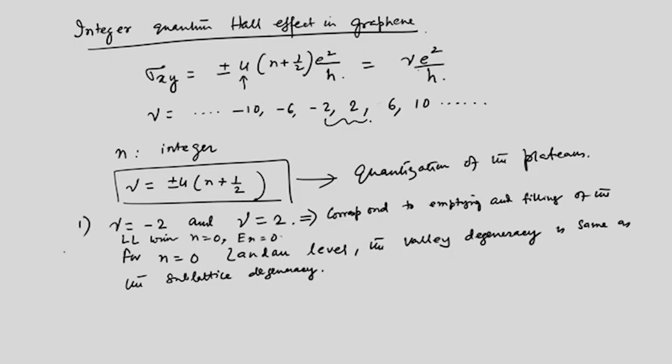Okay. So, this is 1 and this is 2. Okay. So, this is pretty much the quantum Hall effect in graphene, and it has been seen experimentally, and all these integers were confirmed from the plateaus.